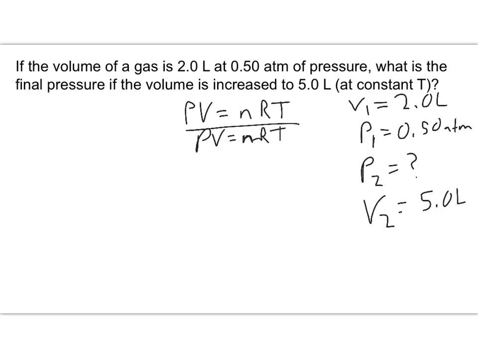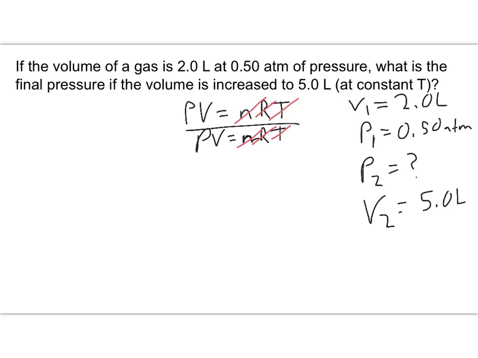Well, the equation we need is the one that relates volume and pressure. We're told that the temperature is constant, the gas constant is constant, and if the gas is contained, that means that the amount of the gas is not changing.